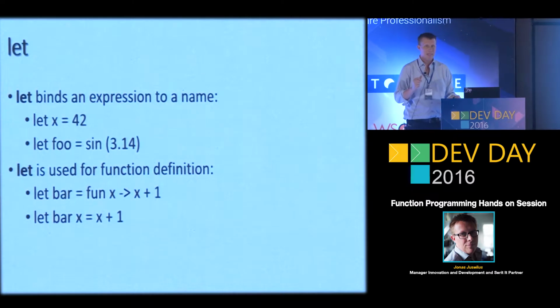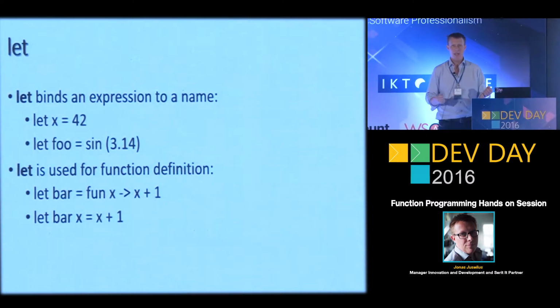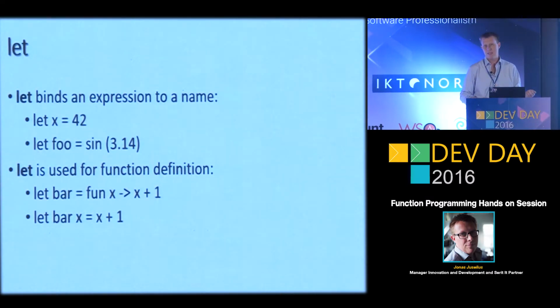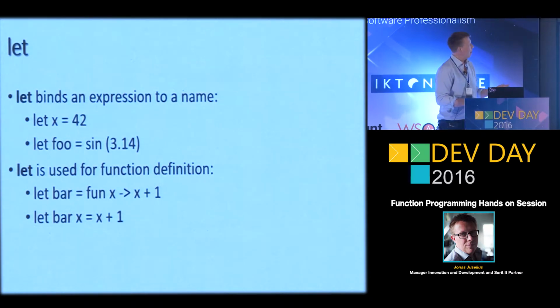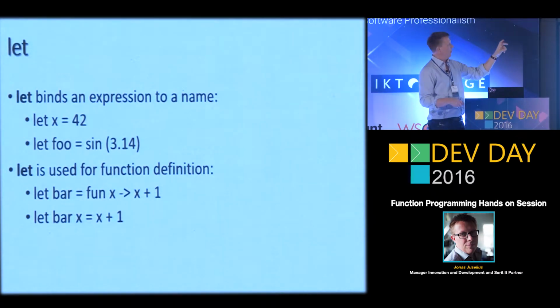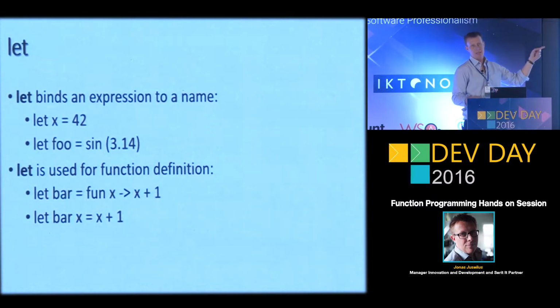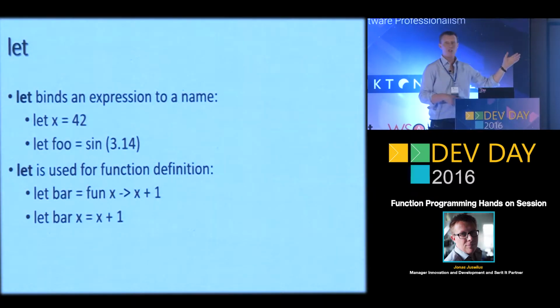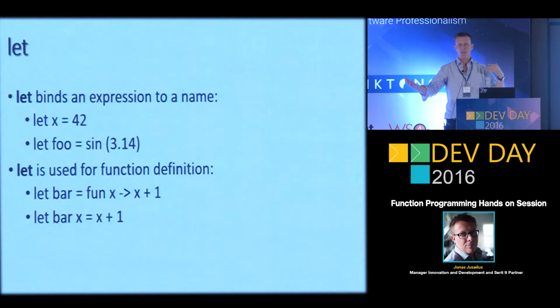Let is the most important keyword in F#. It's all over the place. And let does one thing and one thing only, although it looks like it might be doing many things. It binds a name to an expression. So here we say let x = 42. It now binds the value 42 to x. And since x is immutable, 42 and x can be used interchangeably.